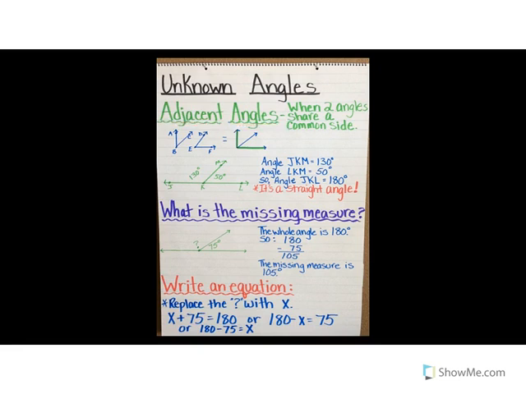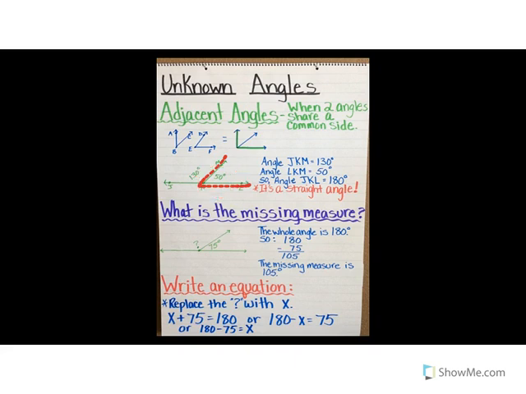Here's another example. Here we have angle JKL, which is a straight line. Remember, a straight line is actually a type of angle. It's a straight angle. So we have angle JKL. Inside of that, we have angle JKM, which measures 130 degrees, and angle MKL, which measures 50 degrees.